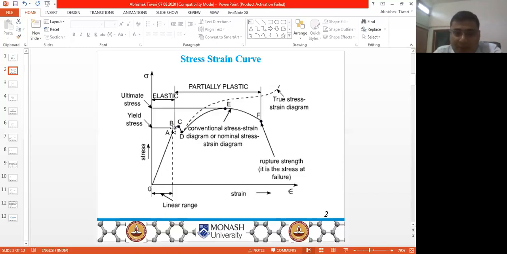Up to point B, if we are loading and unloading, then it will come back to its original position or original length. But after we have passed point B, there will be a permanent deformation in the sample, and if we unload it completely, it will still not reach its initial length.